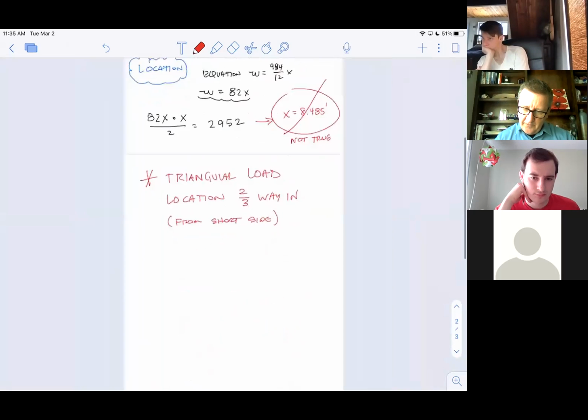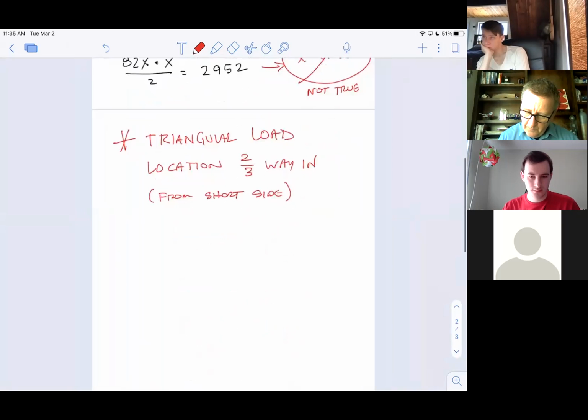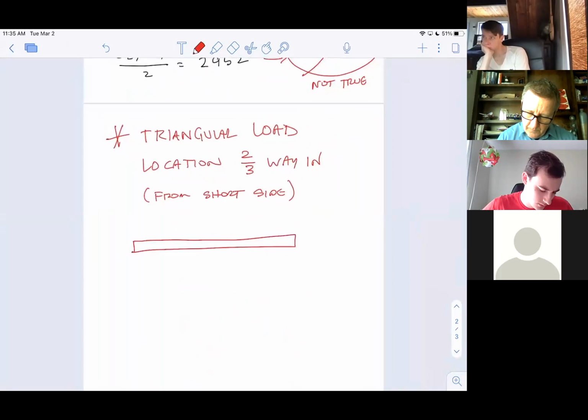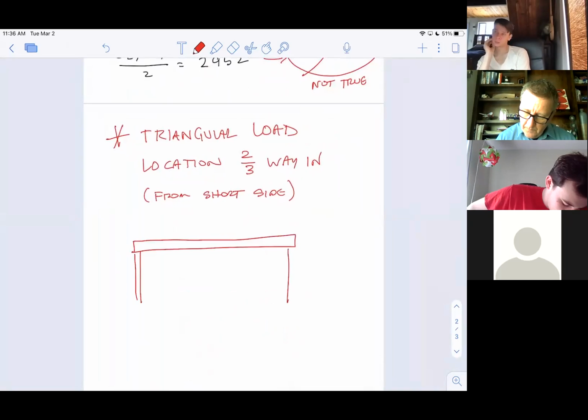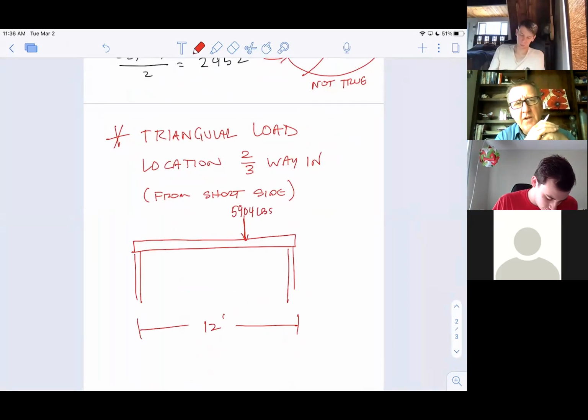So let's just redraw that really quick. There used to be hundreds of loads, and not only that, they were all different sizes.